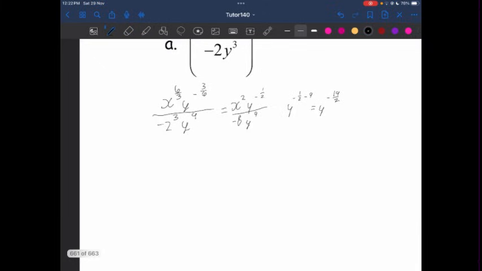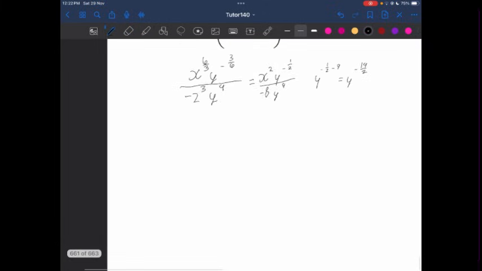So what we're going to write is x squared over, remember it's a negative because of the negative 8, y to the power 19 over 2.